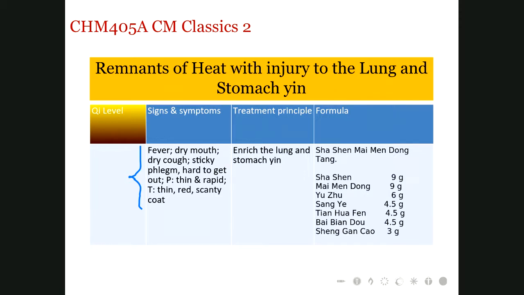They may have dry stool, but thirst is more dominant. Dry lips, dry mouth, and they may still have a dry cough, but not as severe as in very bad infections. So we use 沙生麦门冬汤 to supply the yin and clear the residue of the heat.